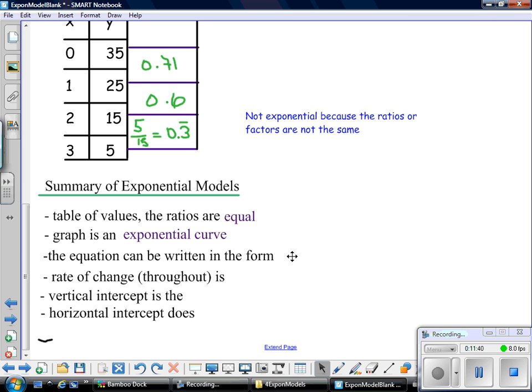The equation can be written in the form y equals a b to the x. The rate of change throughout the whole graph is changing, but it's either all increasing or all decreasing. The vertical intercept is the initial value, and the horizontal intercept does not exist. Okay, have some fun with some exponentials.